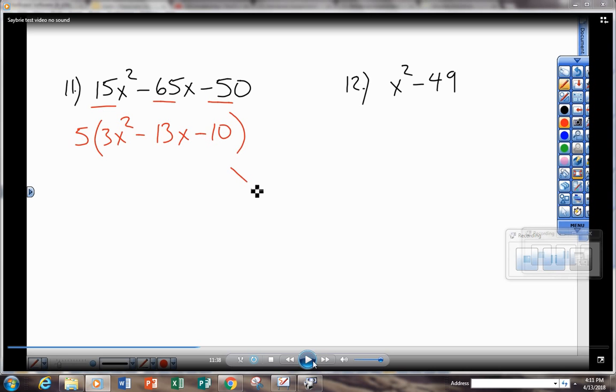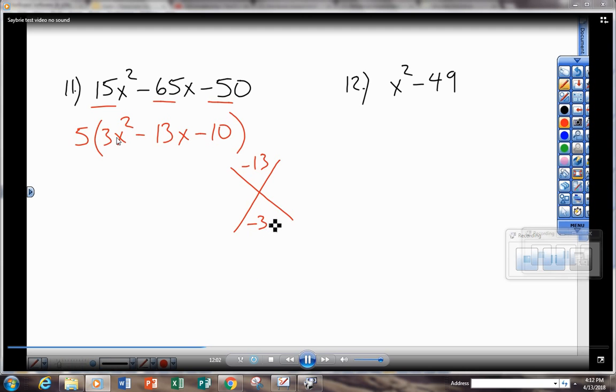And again, what happens is that makes it much easier for you to factor what's on the inside. So that's going to be negative 13, and then I'm going to erase this shortly because I forgot to times. So 3 times negative 10, if I erase that here shortly, that really is negative 30 down there, so don't forget to times like I did there.